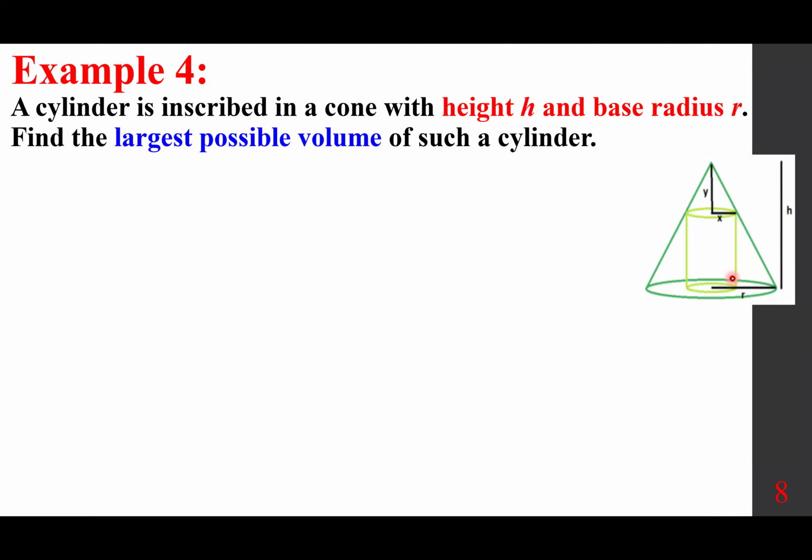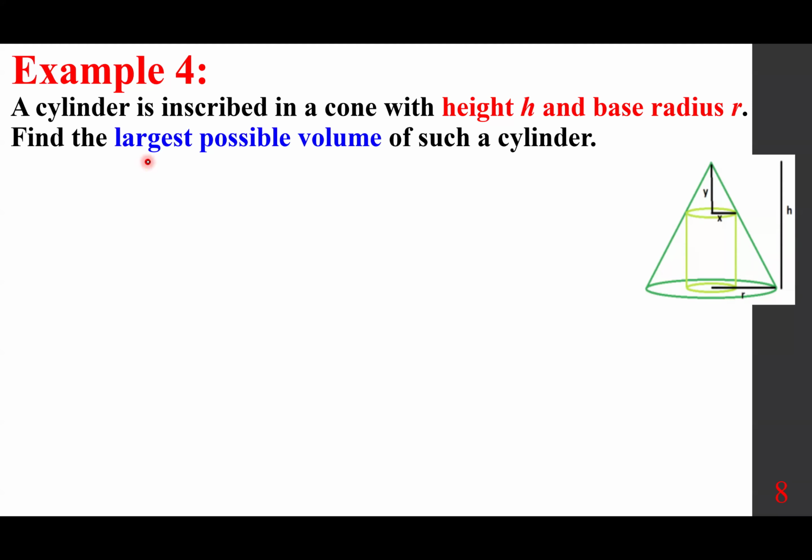So here's the cone. The height is fixed at h. The radius of the base is fixed at r. The cylinder is inscribed, and we want one of those. There are infinitely many of them we can put in, but the one that we want is the one with the largest possible volume.